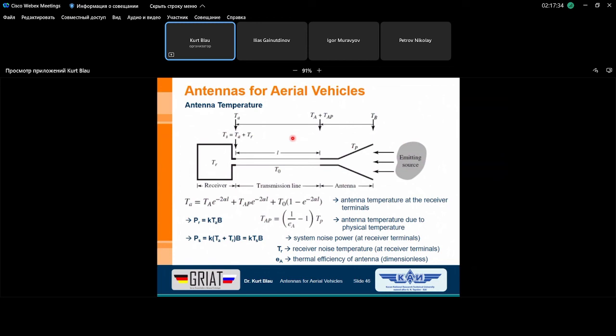What I want to say is that it's not necessary to know a formula, to write down a formula. It's necessary to have a certain understanding of what I have to discuss. For instance, let's stay here with this antenna. It's not necessary that you can write down this formula.